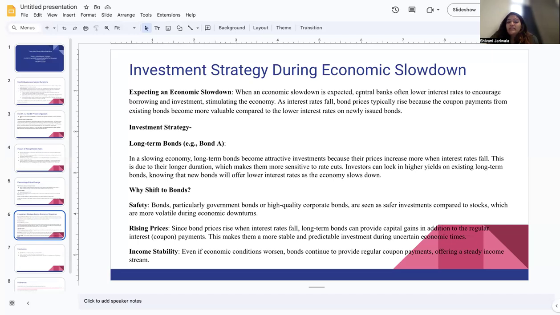Borrowing and investment increase because interest rates are low. So as interest rates fall, bond prices typically rise, because the coupon payments from existing bonds are more valuable right now. From an investment strategy point of view, in a slowing economy, long-term bonds are definitely more attractive for investors.